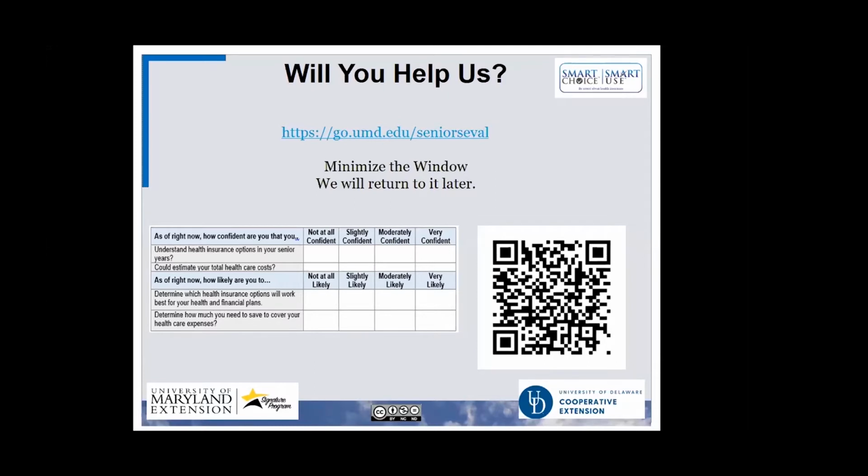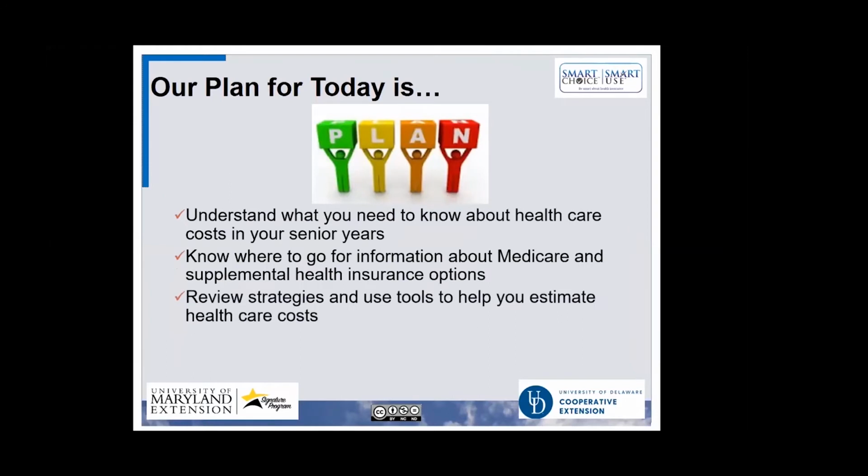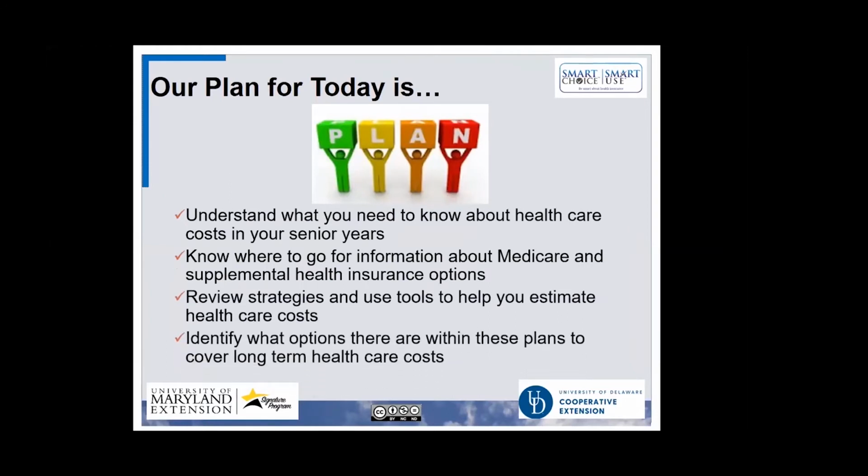All right, so continuing on, I'm going to put all these up and give you a moment to look them over. This is our plan for today. As you can see, we have 4 different objectives. One is to help you understand what you need to know about health care costs in your senior years.